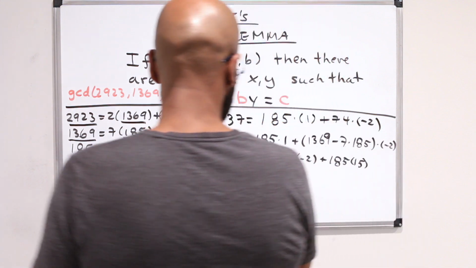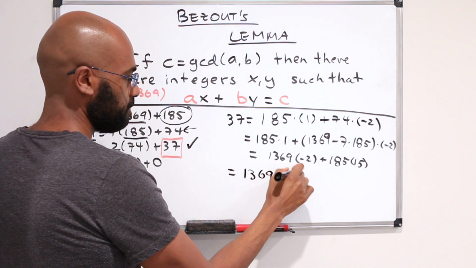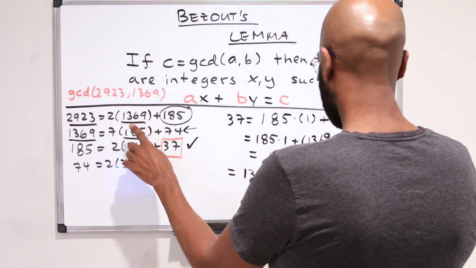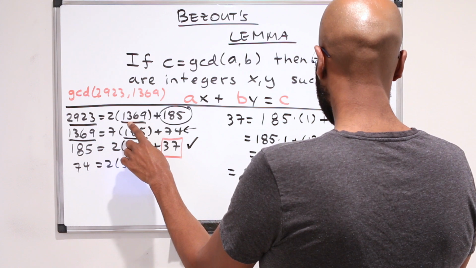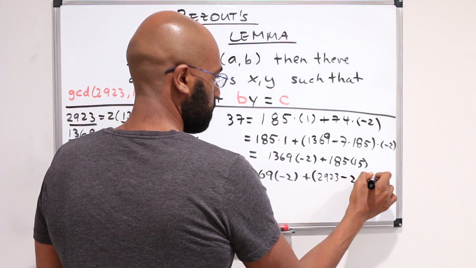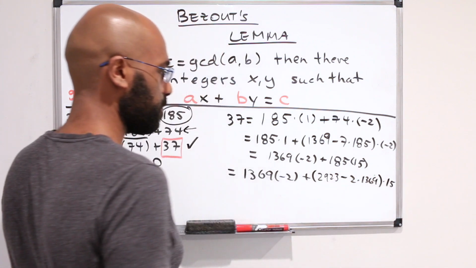Okay, if we do that, we'll have the 1369 times negative 2 still, plus this replacement for 185, 2923 minus 2 times 1369, and multiplied by this 15 factor.